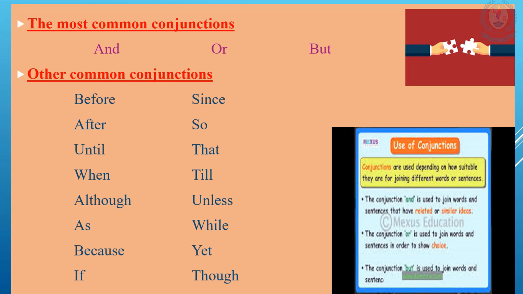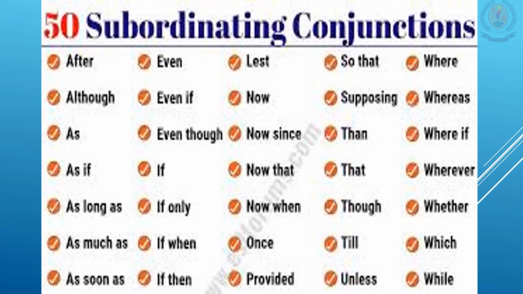I have given here some examples: before, after, until, when, although, as, because, if, and so on. We use these conjunctions when we are writing sentences, combining them, and when we are speaking too, we use these conjunctions. In this slide, I have shared with you 50 subordinating conjunctions.